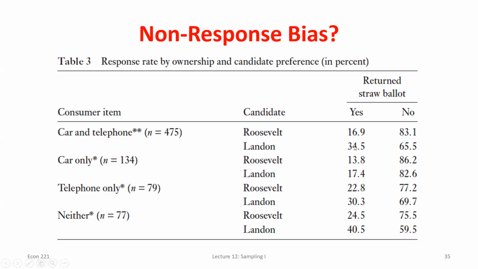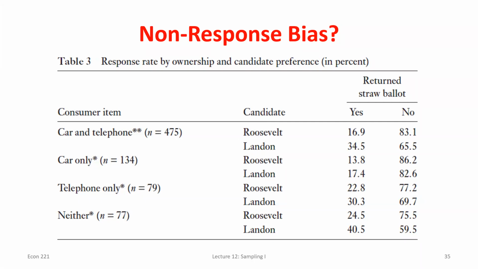So we had more than twice as high a response rate, for whatever reason, from people who were going to vote for Landon. It's not the Digest's fault necessarily, but there was this huge non-response bias as well. The people who ended up voting for Roosevelt, or Democrats, just did not respond to this survey for whatever reason. I'll put a couple files up on Canvas of this actual paper.